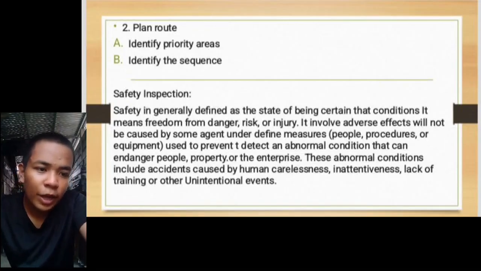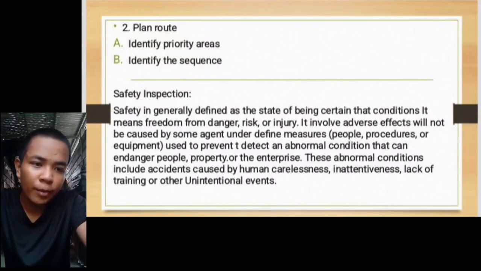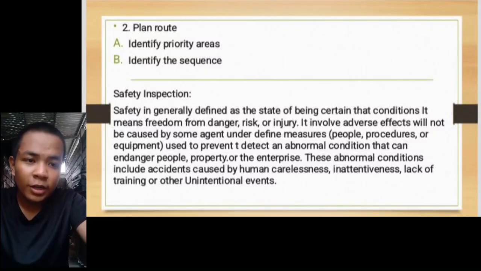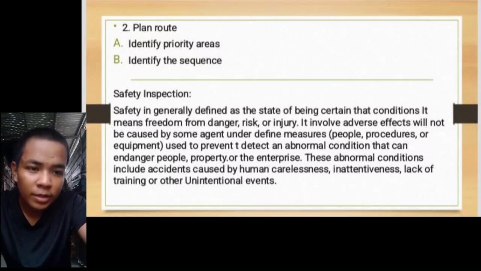Safety inspection aims to detect and prevent abnormal conditions that could endanger people, properties, or the enterprise. This abnormal condition may result from human carelessness, inattentiveness, lack of training, or other events.